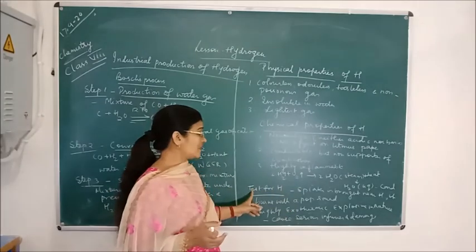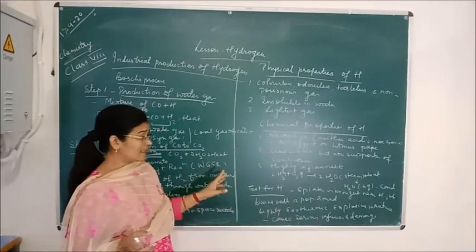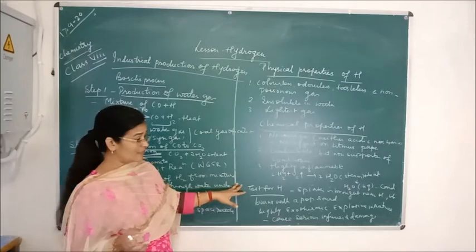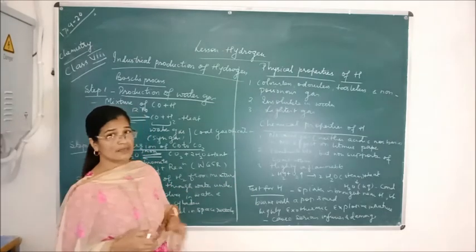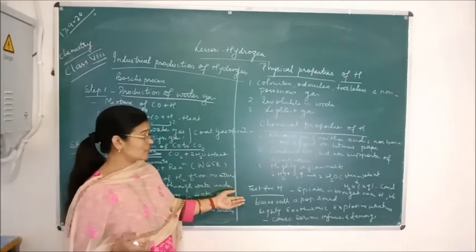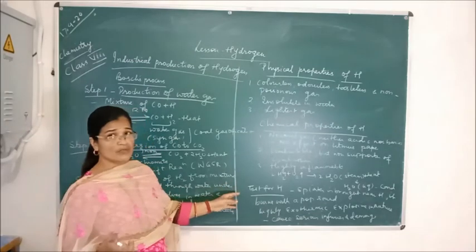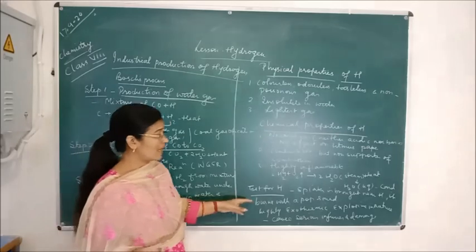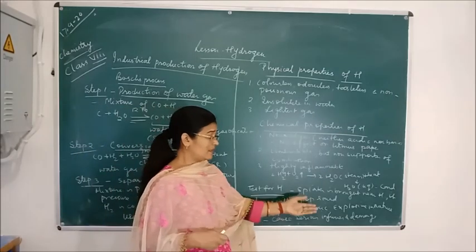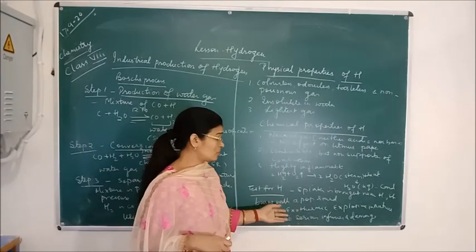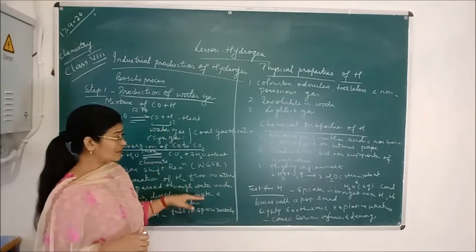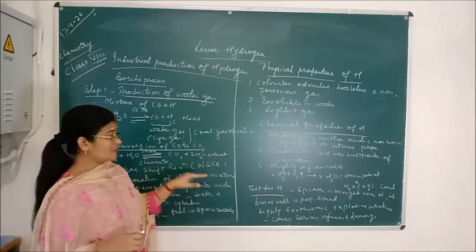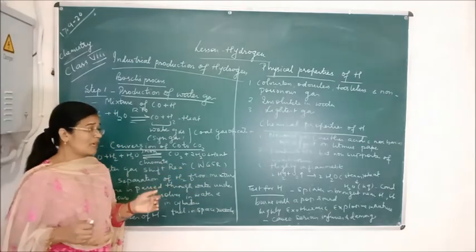Means it is hydrogen gas, and it is highly exothermic in nature. Exothermic means it produces a large amount of heat, as well as it is explosive in nature, and that's why it causes severe damage to life, injuries, and damage to property. So these are the different properties as well as the test for hydrogen gas.